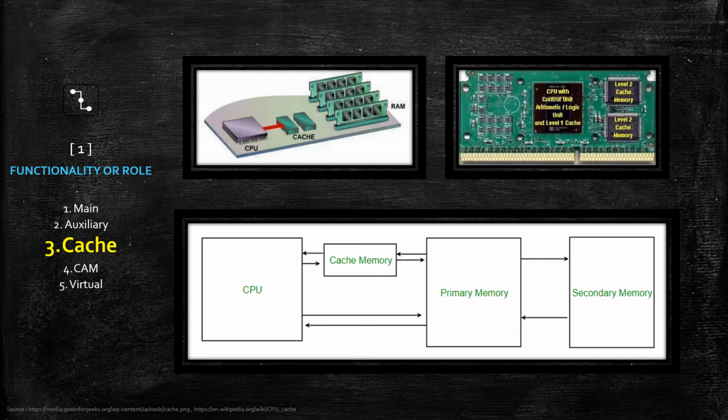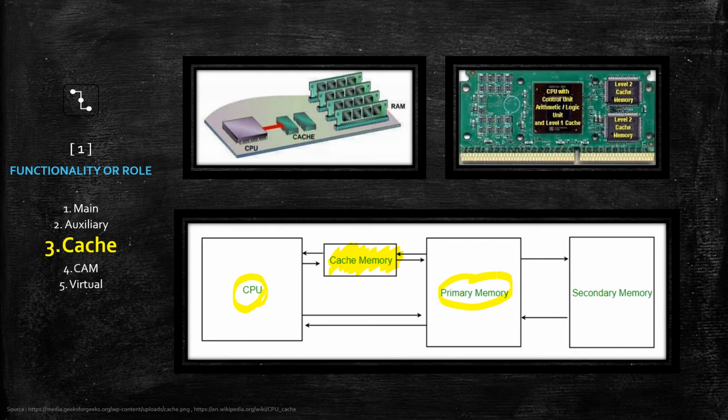It reduces the average cost, time or energy to access data from the main memory. As you can see in the image, here we have the cache memory. This cache memory resides between the CPU and the primary memory.